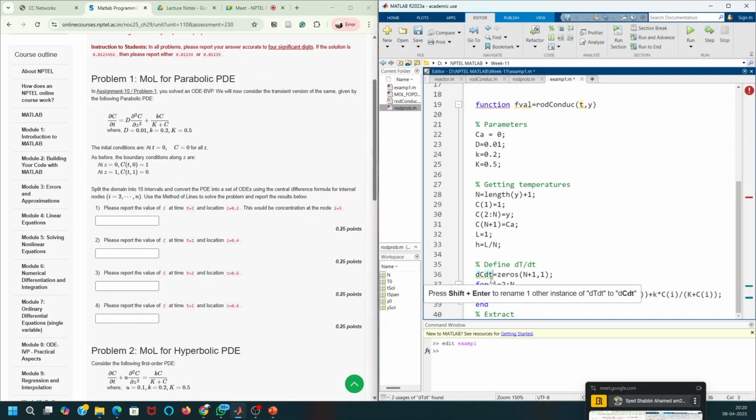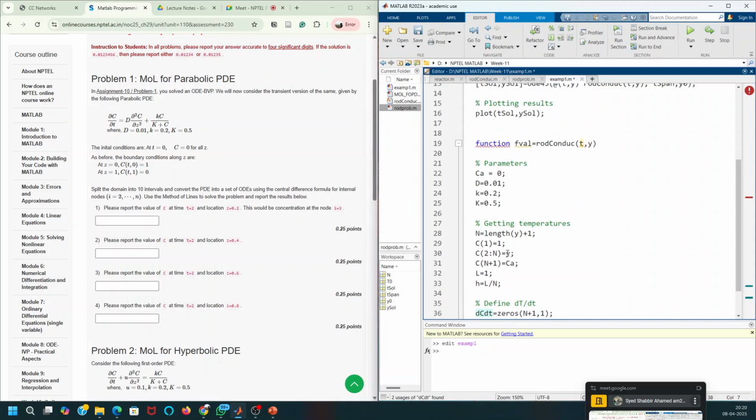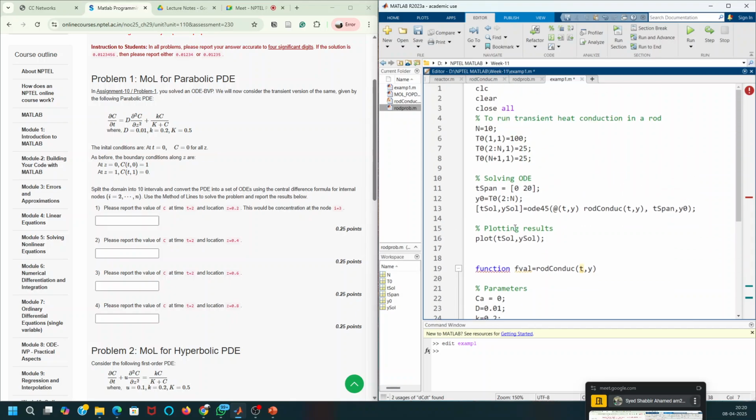We will write it as DCDT instead of DTDC. The function is modified, and now I have to solve it. The number of divisions they have asked, they have taken 10 intervals, so n is 10 itself. And they are saying that the initial value of C is taken as 0, so I'm taking it as 0.